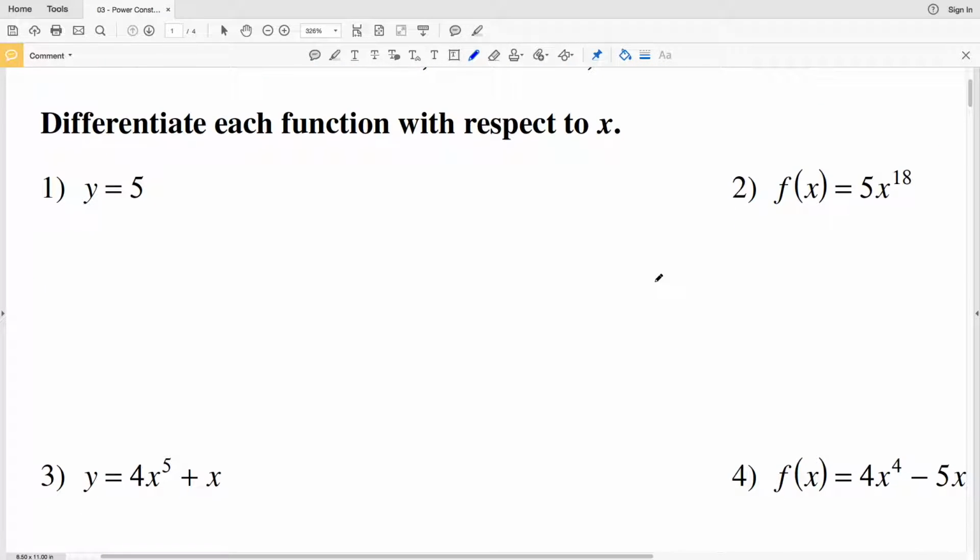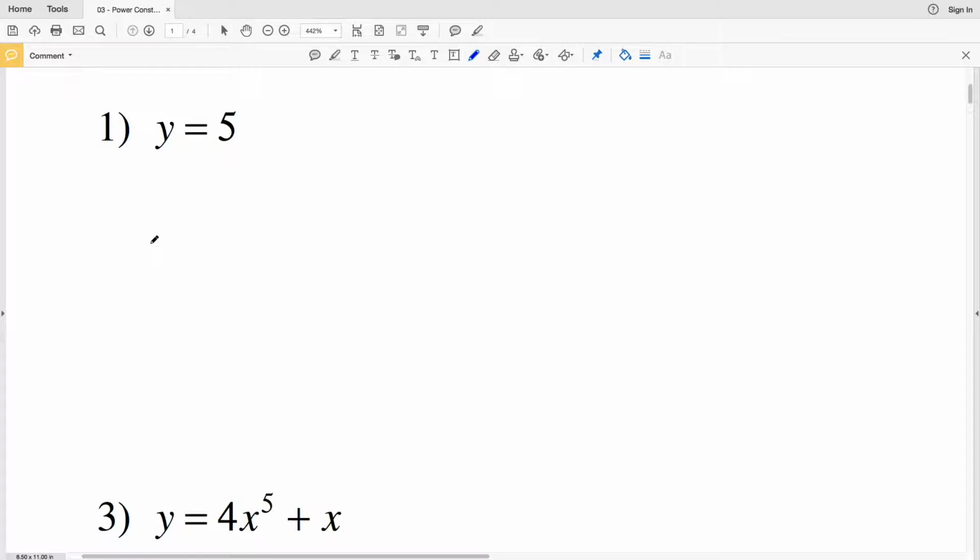It says to differentiate each function with respect to x. And remember, we need to watch the notation. So if we're talking about y, we're going to find dy dx. If we're talking about the function of x, we're going to find the derivative of f of x. That is our notation. So for y equal to 5, we can apply the constant rule.